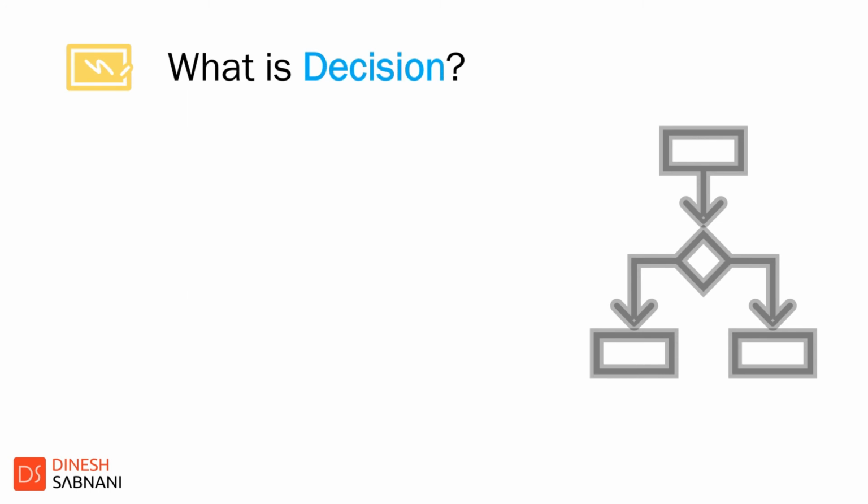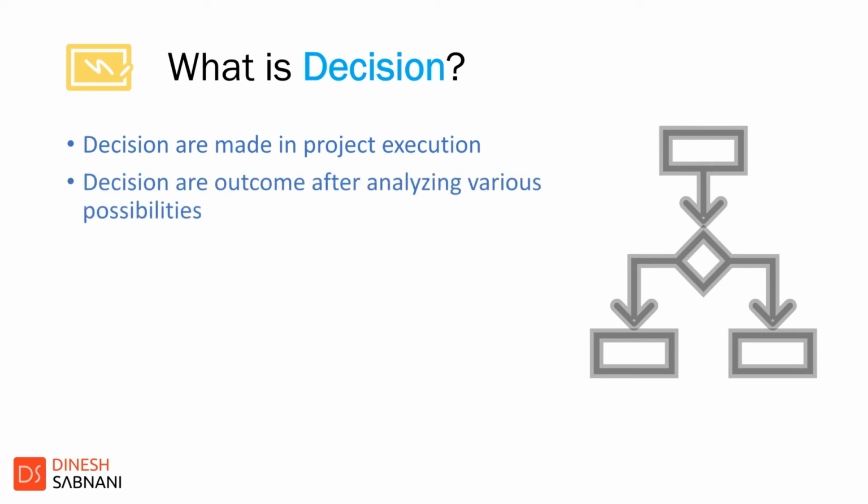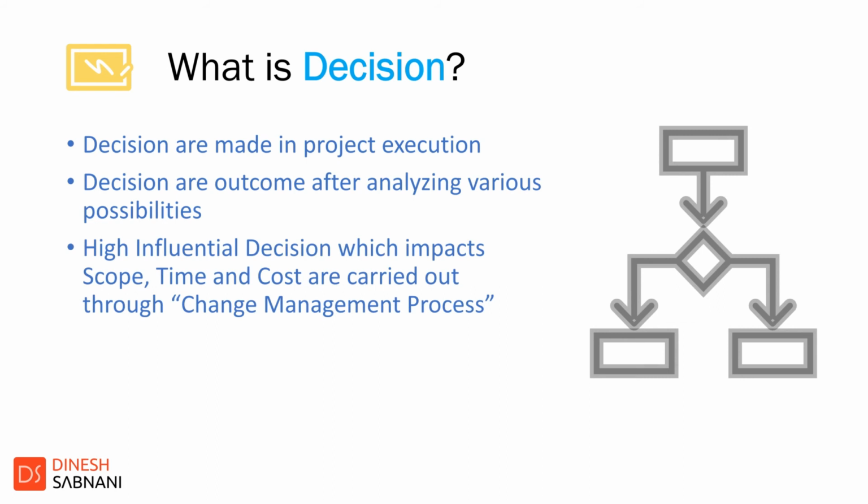The other D stands for decision. Let's see what is decision. Decisions are carried out mainly in the project execution. These are outcomes after analyzing various possibilities of project implementations. This leads to preparing a decision log to record the characteristics of it, such as what the decision was, how and why it was made, and who made it.